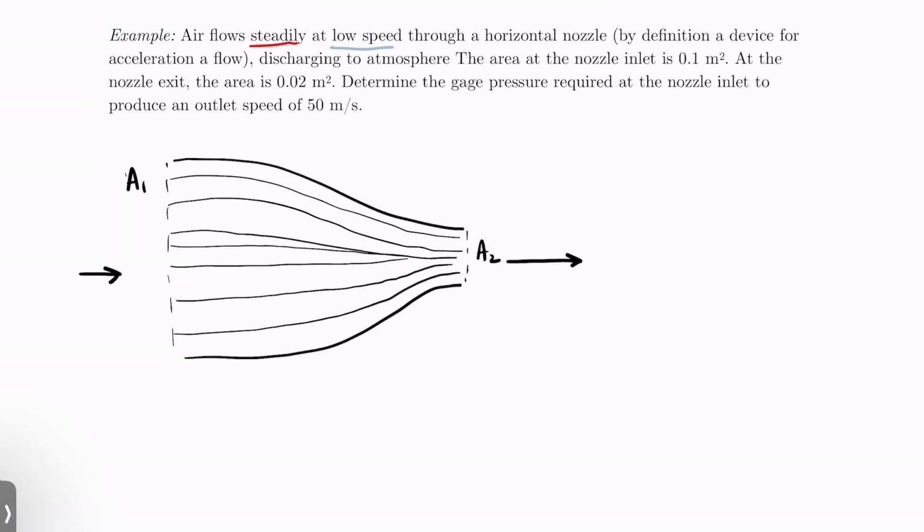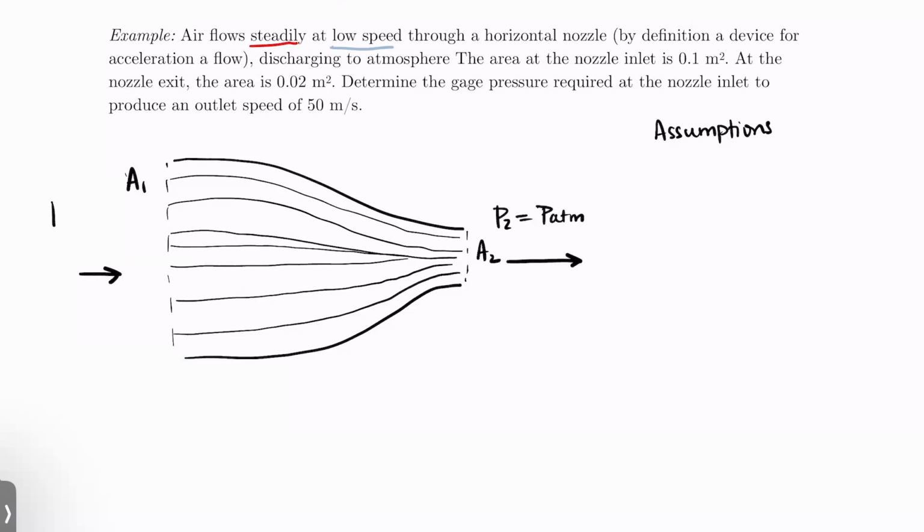All right, so those are some streamlines. Okay, so let's write down our assumptions. Oh, and we know at point 2, P2 is atmospheric pressure.